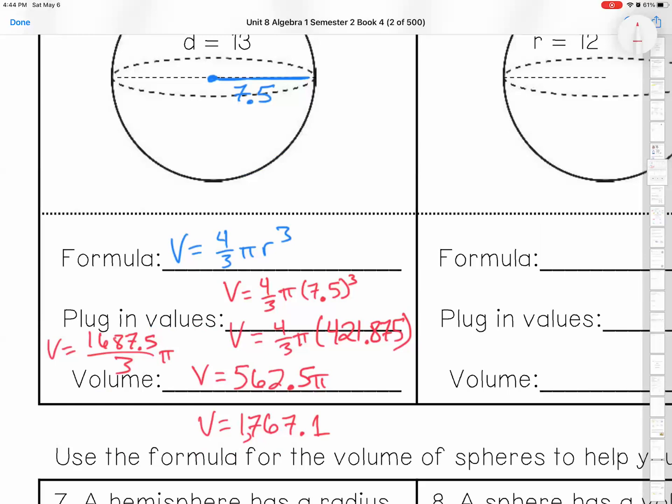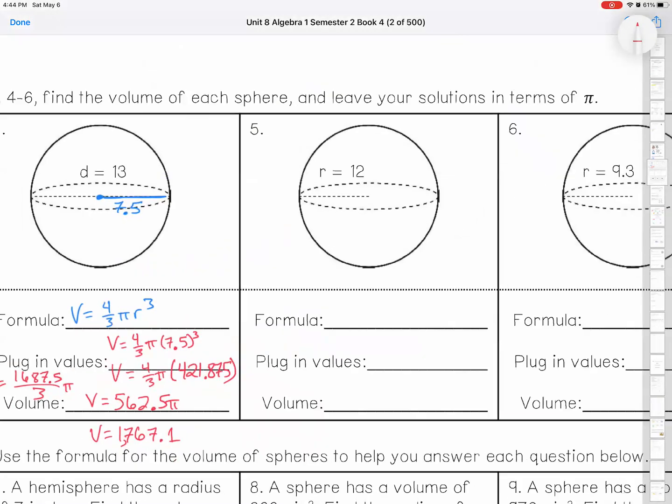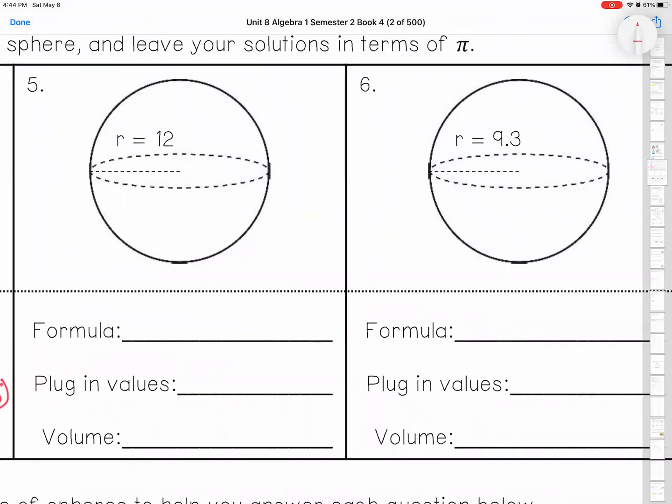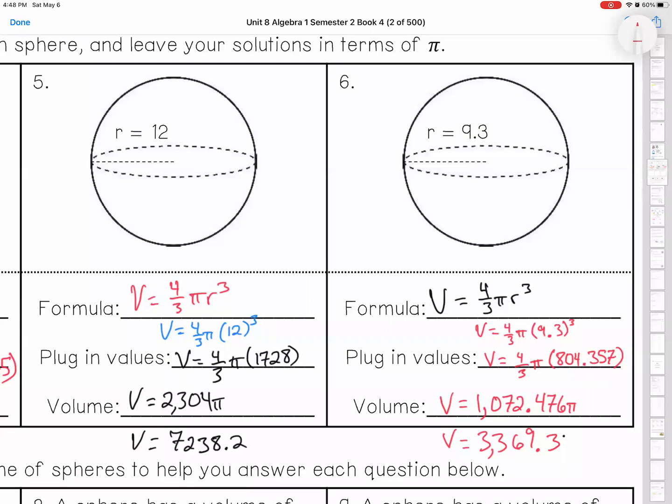Okay. All right, what I would love for you guys to do is to pause the video and try out 5 and 6. And here are our results for 5 and 6. Now, I know it said to just leave your solutions in terms of pi, but generally, if you convert to just the decimal value, then you can cover other answers too.